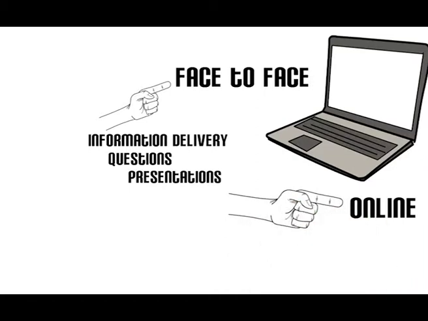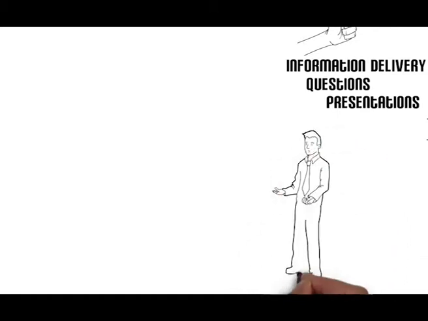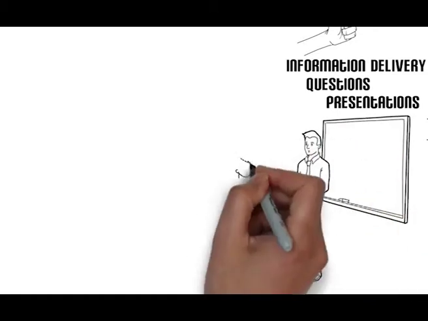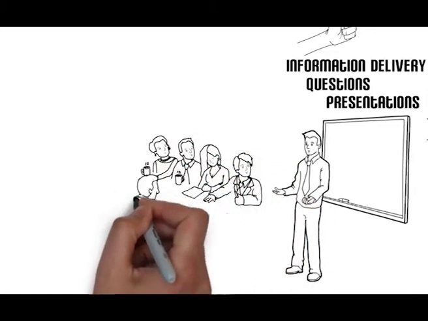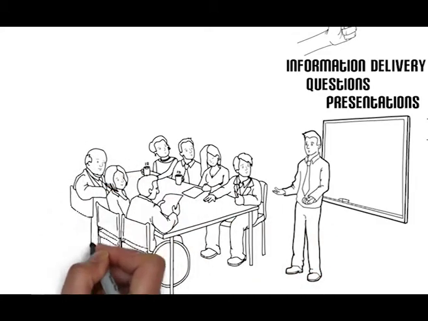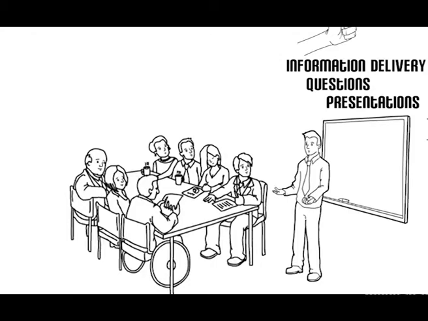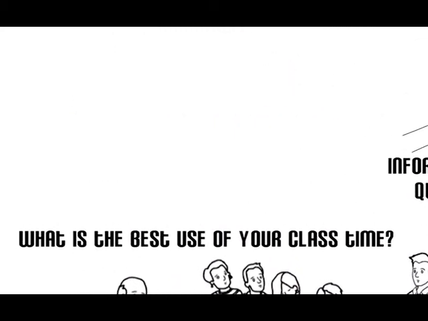Let me ask you a question. How would you like to spend those valuable few hours when your students are with you? A flipped classroom provides the opportunity for students to arrive informed about the topic of the day, prepared with meaningful questions based on the homework, and prepared to apply the learning that took place at a time that best suits the student. When the student is on their own, they choose their own learning environment.